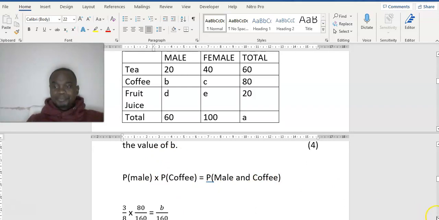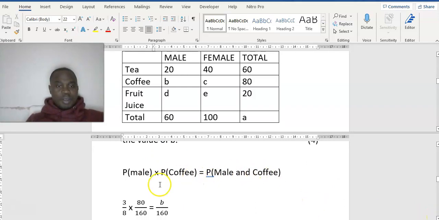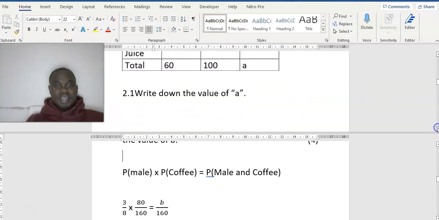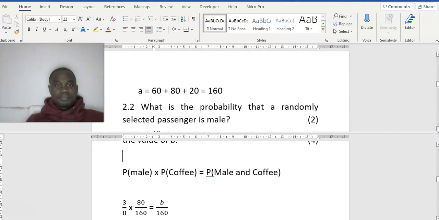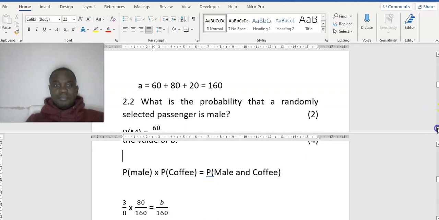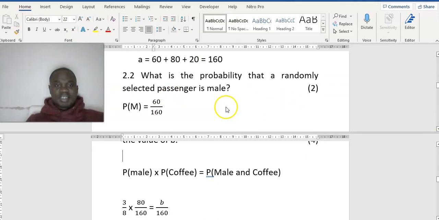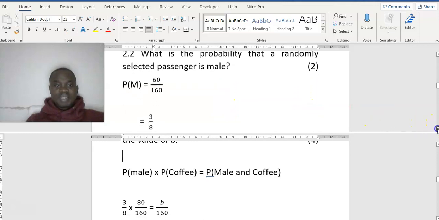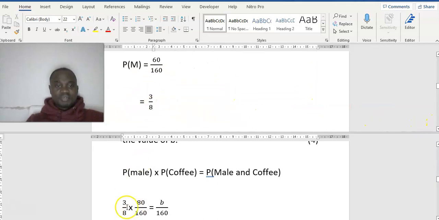So here, what is the probability of male? The probability of male is 60 over 160. Remember, our A is 160. We found the probability of male even here. It gives us 3 over 8, which is this one.